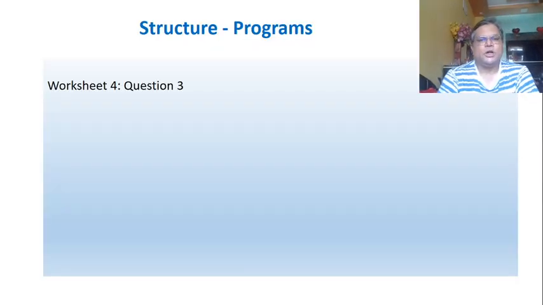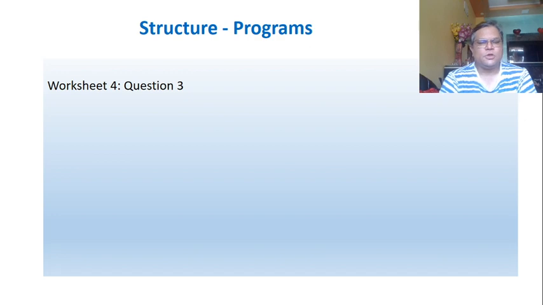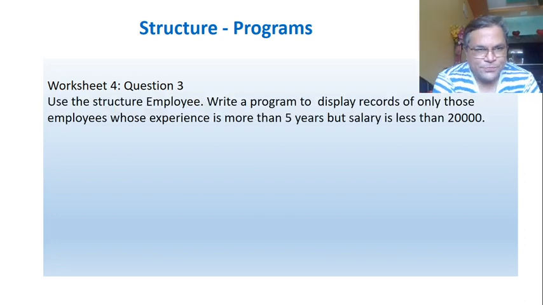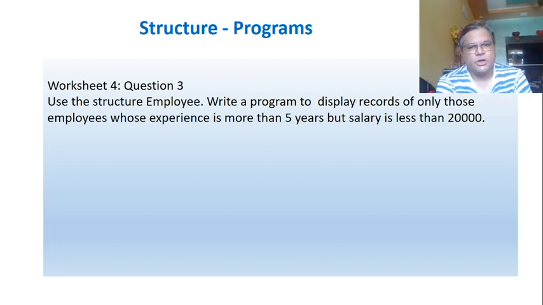Now I wanted to give you a worksheet question. This is question number 3 for worksheet number 4. The first 2 questions I have already given in the previous video lecture. So this is the third question related to worksheet 4, and it again requires the record employee. In the previous question I already asked you to define a structure employee to store employee information like employee ID, employee name, experience in years, and salary.